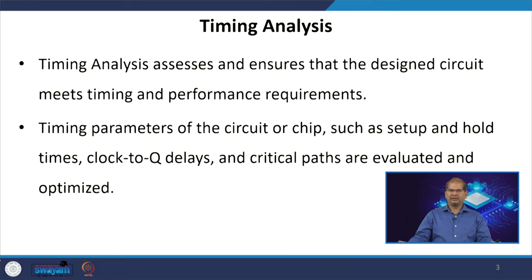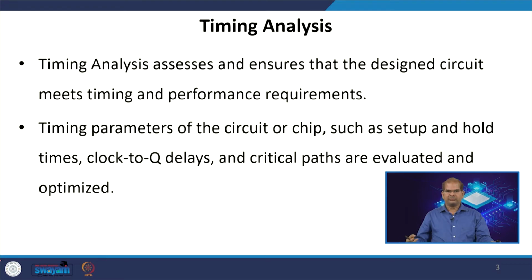So, as a designer we also look for how to maximize the speed of our design. There is a method to analyze it. We need to have a method to analyze the speed of our circuits, and that should be done in a very fast manner.